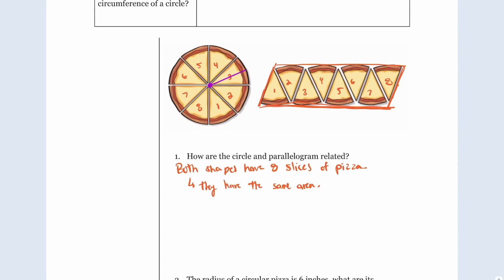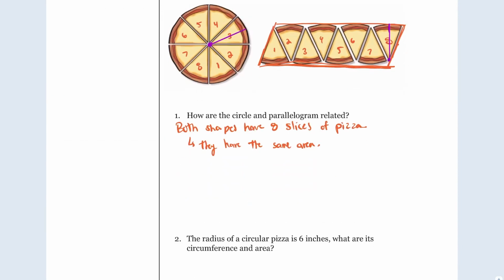So couldn't we say that the height of the parallelogram is the same as the radius? So we'll say the radius is the same as the height of the parallelogram.